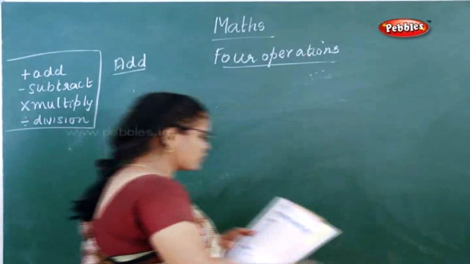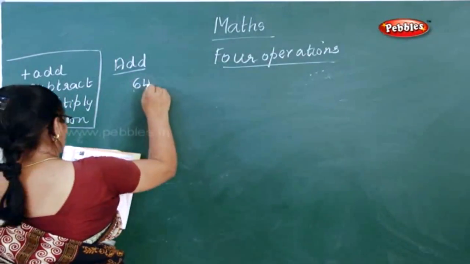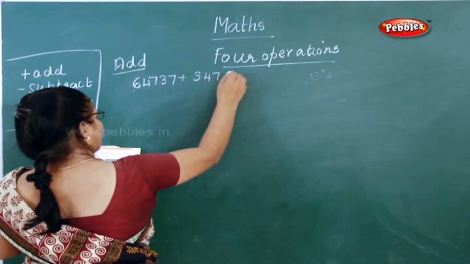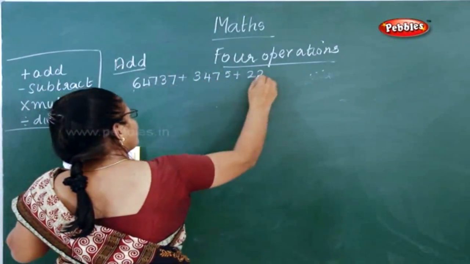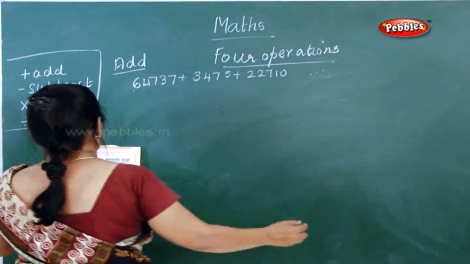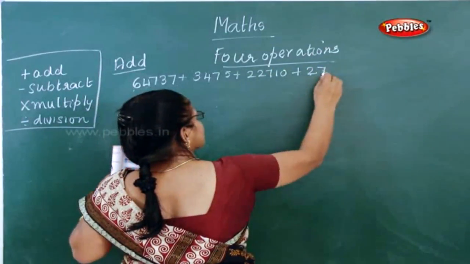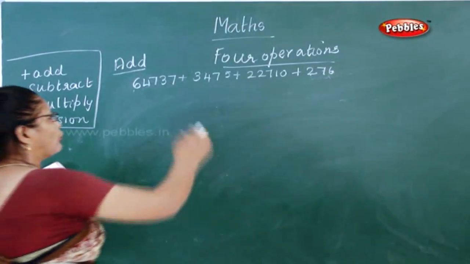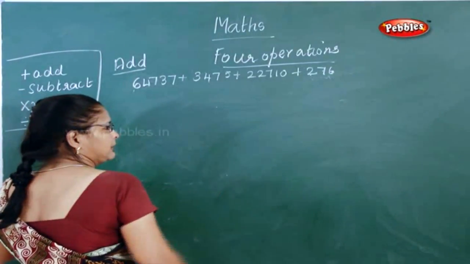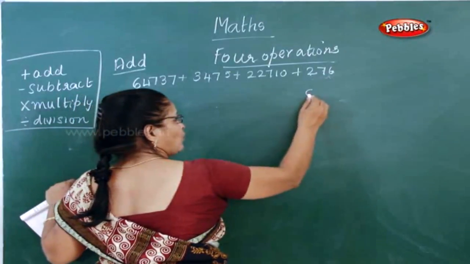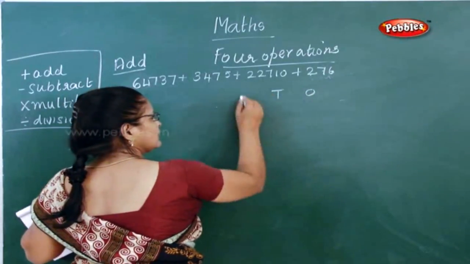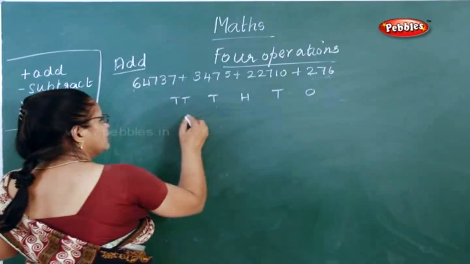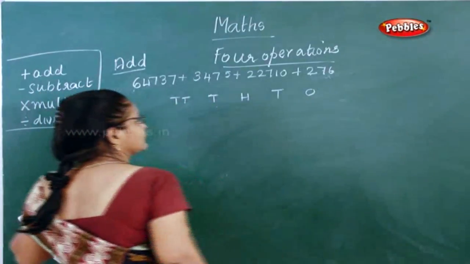Now in the first addition, 64737 plus 3475 plus 22710 plus 276. Before you write the numbers, you start writing like this: ones, tens, hundreds, thousands and 10,000s.